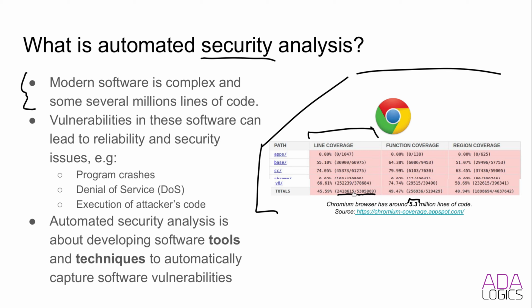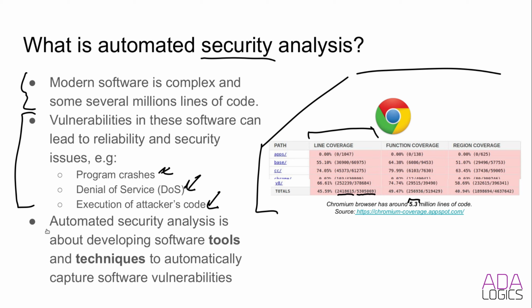The problem is that this complex code can lead to vulnerabilities, and vulnerabilities in these applications can lead to reliability and security issues, such as program crashes, denial of service, and also execution of attackers' code. These can have very serious consequences for businesses and people that use these various applications.